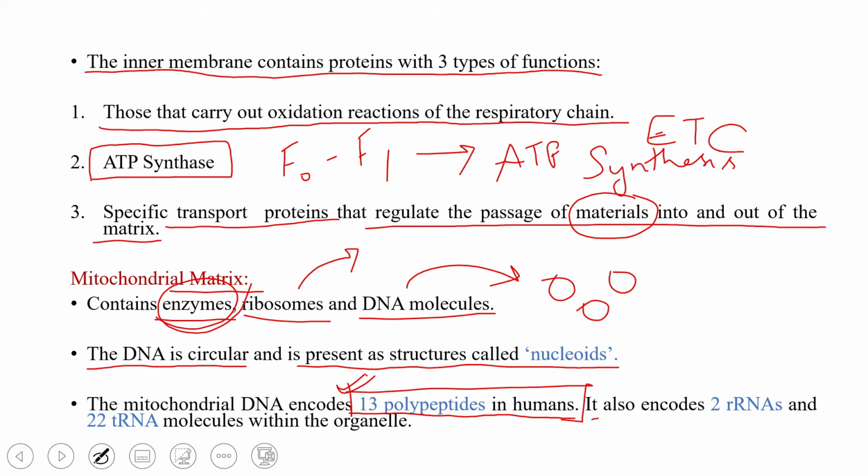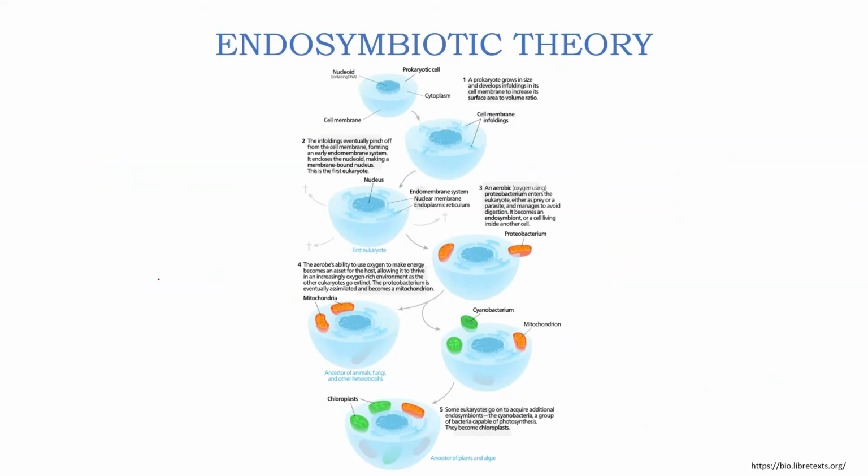It also encodes 2 rRNAs and 22 tRNA molecules. So the mitochondrial DNA encodes 13 polypeptides, 2 rRNA molecules, and 22 tRNA molecules within the organelle. These rRNAs and tRNAs are required for mitochondrial protein translation. Now, coming to a very, very important topic, that is the endosymbiotic theory.